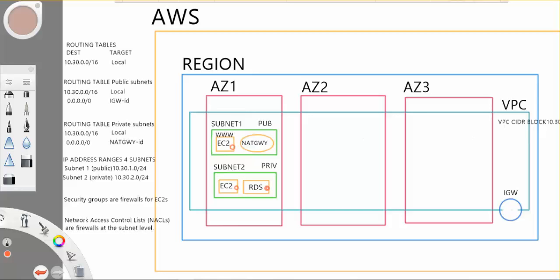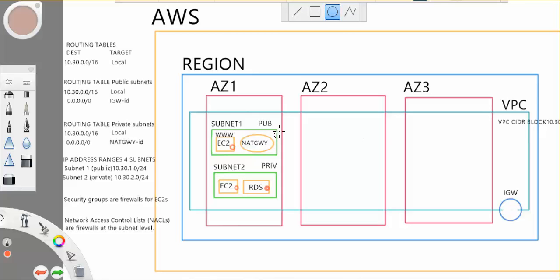So if I were to draw some other device here, what I'm trying to draw is what is going to protect the subnet.